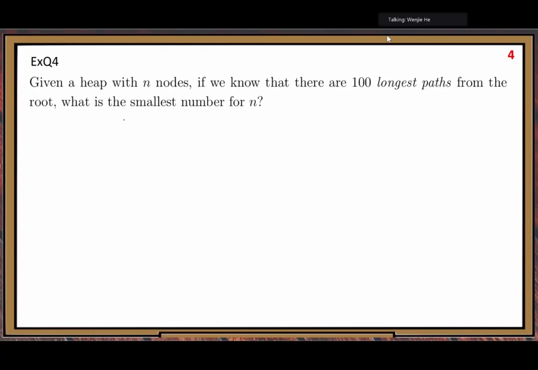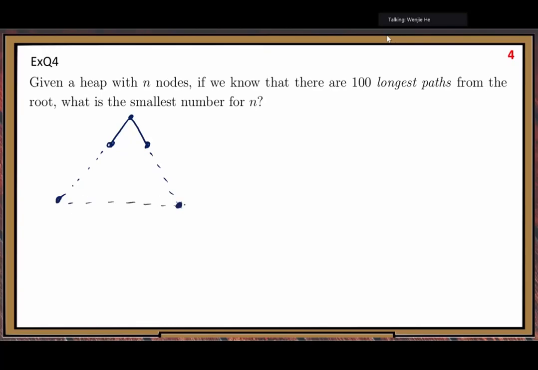So we have a heap. We know it is a near complete binary tree. So what's the meaning of that? Near complete means that if we do not look at the bottom level, it's complete.